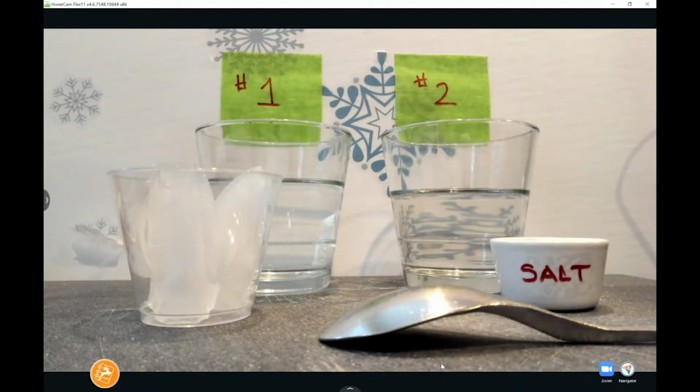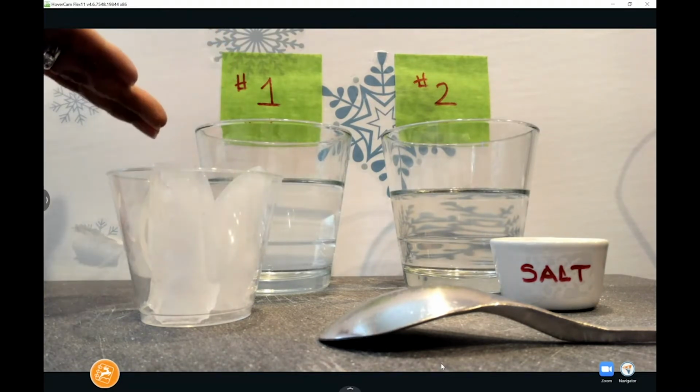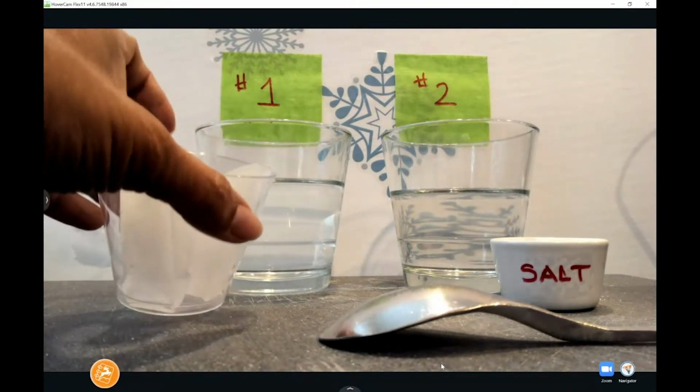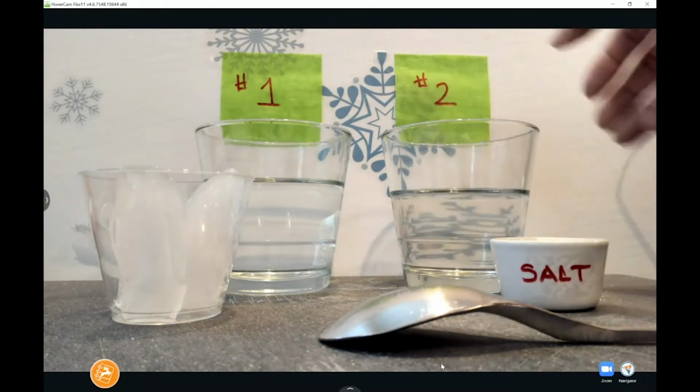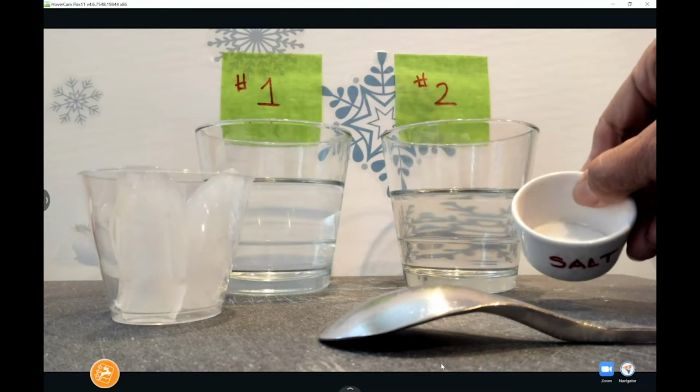So as we just talked about, matter comes in 3 different forms. Think about the forms you see right here. What are they? Are these solids, liquids, or gases? Well, the first group I have in group number 1 is a glass with some water and some ice cubes. Group number 2, I have a glass of water and a little container of salt.